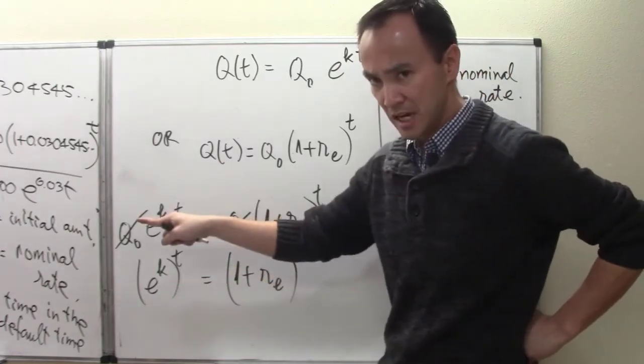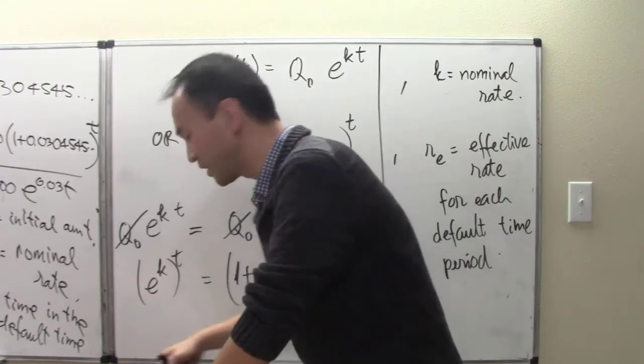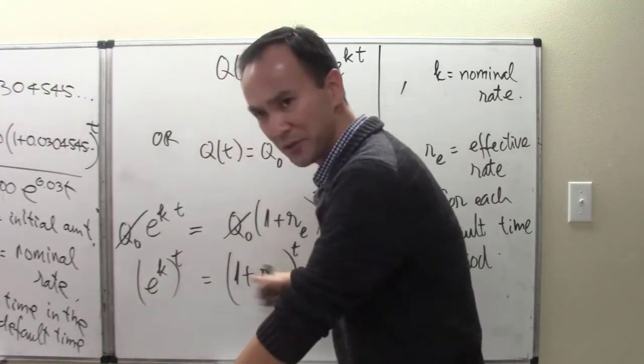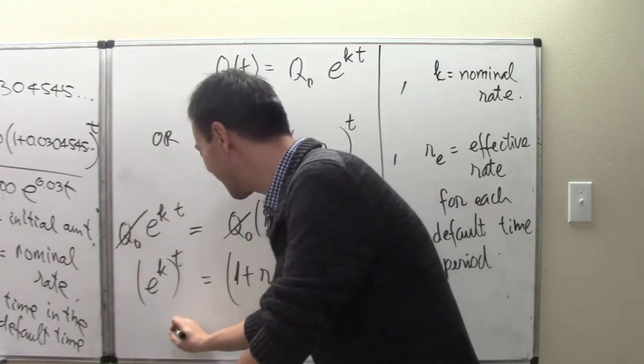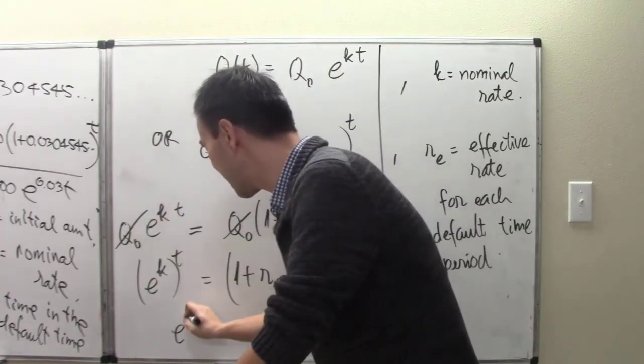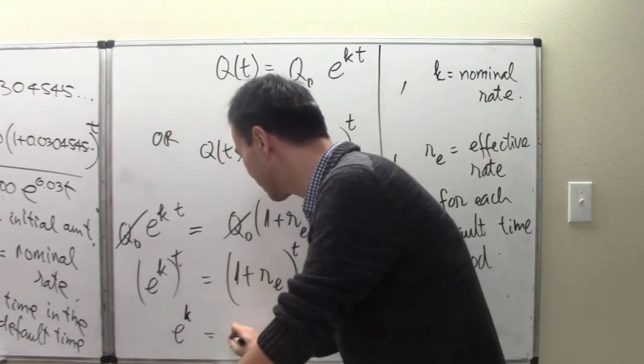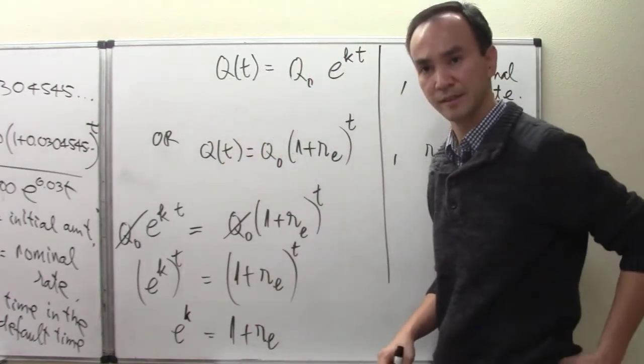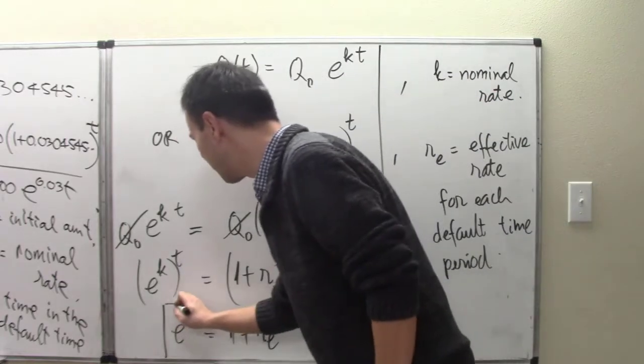So that means we come up with the following important result. We can take the t-th roots from both sides, and we end up with e to the k is equal to 1 plus the effective rate. And this is the relationship that we found.